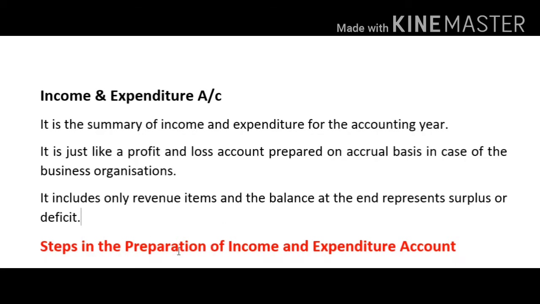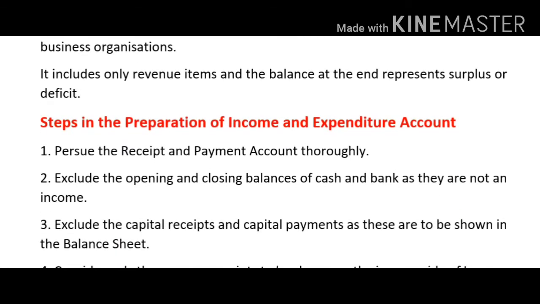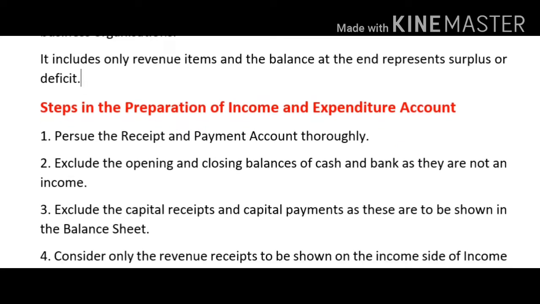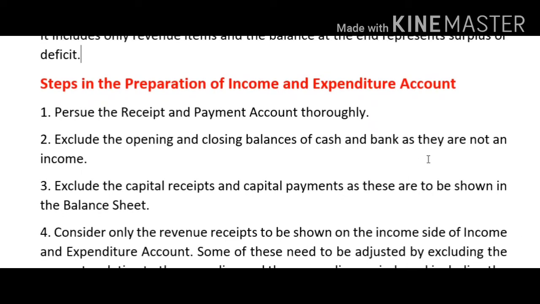Now, what are the steps in the preparation of income and expenditure account? You will be given receipt and payment account in the question. Just go through the receipt and payment account thoroughly. Then exclude the opening and closing balances of cash and bank, as they are assets, not items of income.